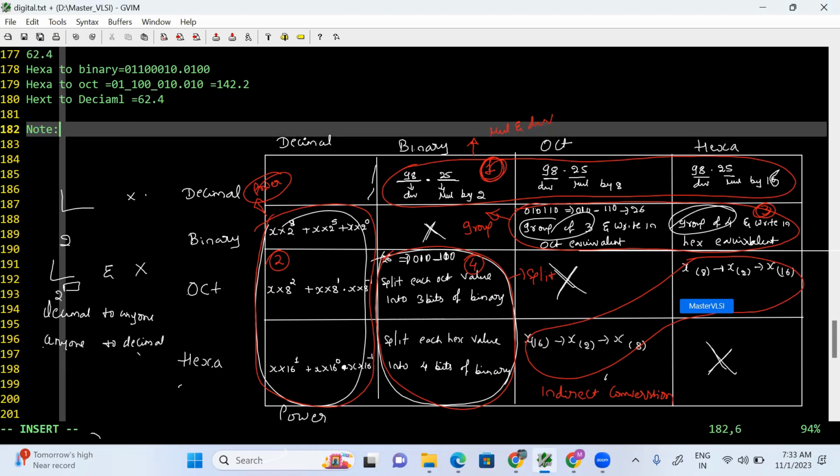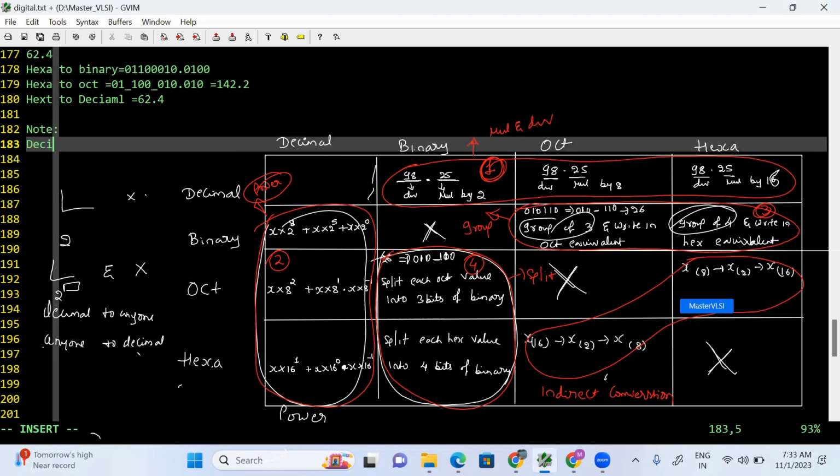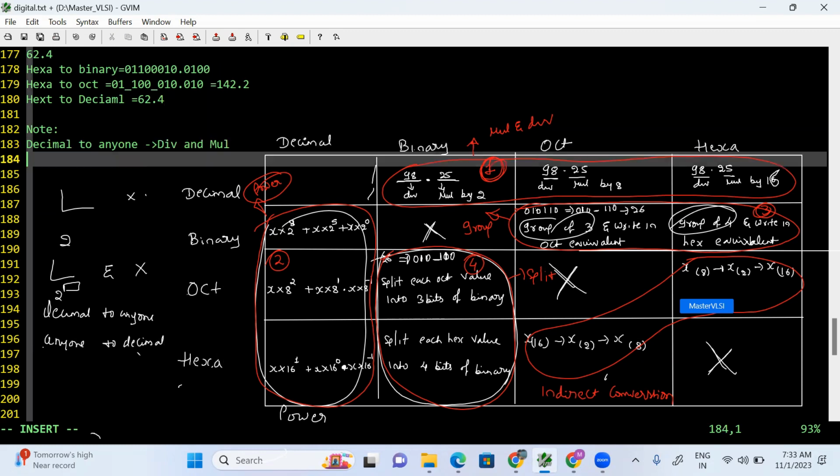Note: decimal to any one, what is the rule? Division and multiplication. Any one to decimal, power, correct? Oh, sorry, I am wrong.